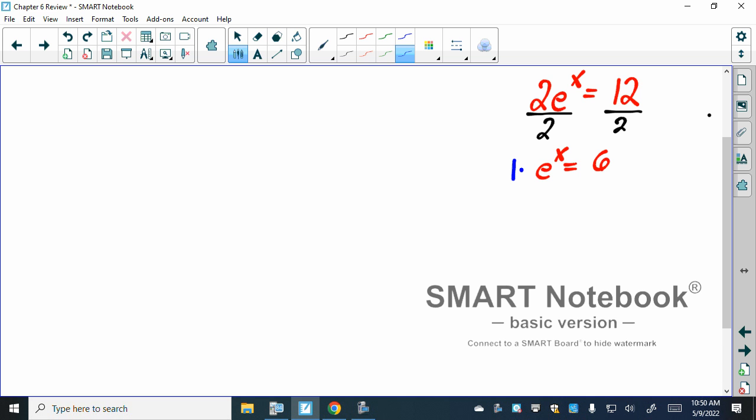We can apply ln to both sides. Because for this, the x moves out front. And ln of e simplifies to 1. And 1 times x is just x. On the other side, we have ln of 6.